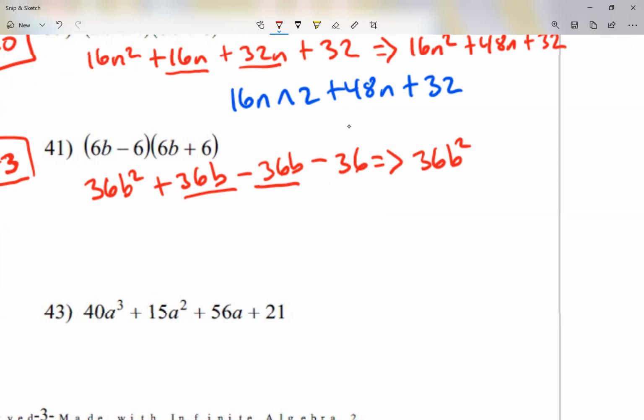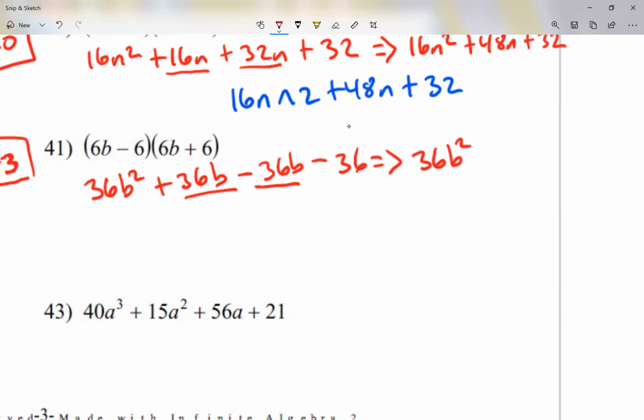Now do me a favor. Do not write just the plus b. You're thinking, all right, there's no number in front of the b, so that must be 0. Do not, because when we don't see a number, just the letter, we assume there's a 1. So you're telling me that 36 minus 36 is 1, which is incorrect.